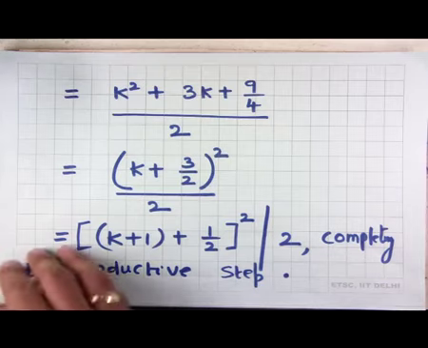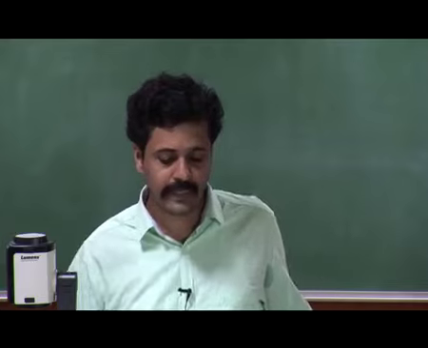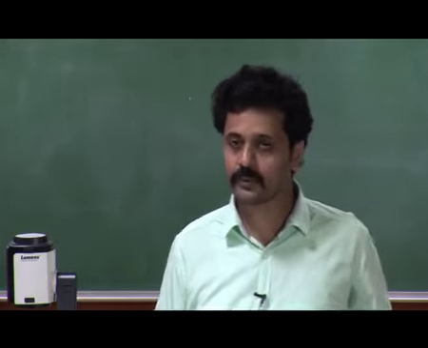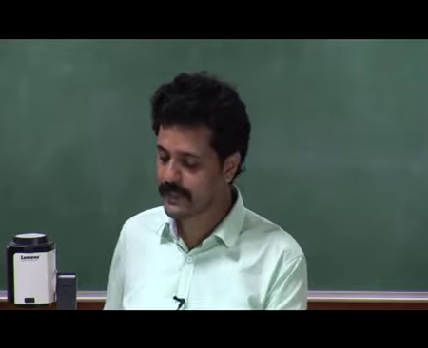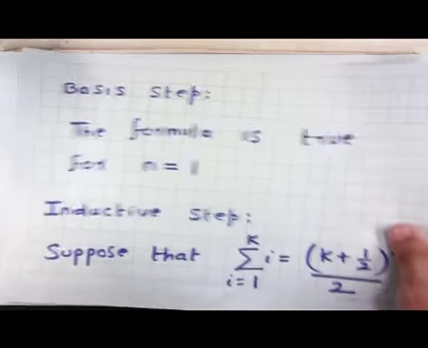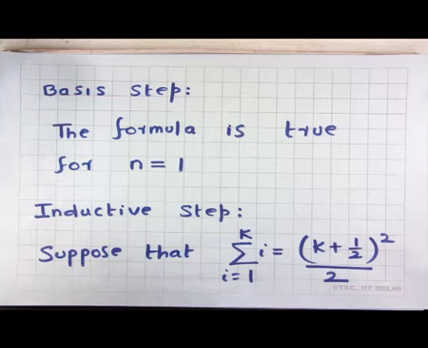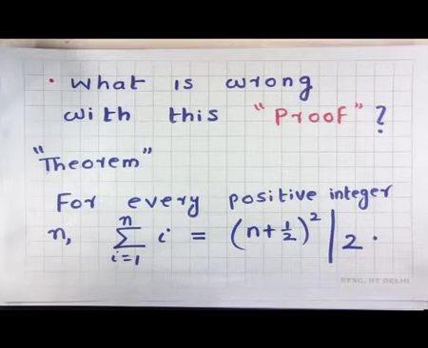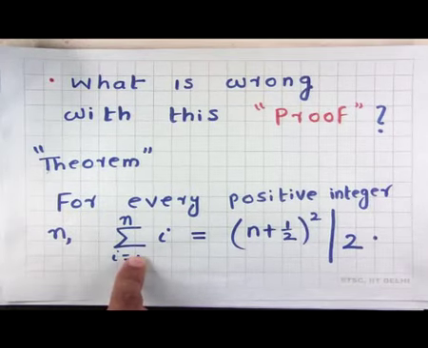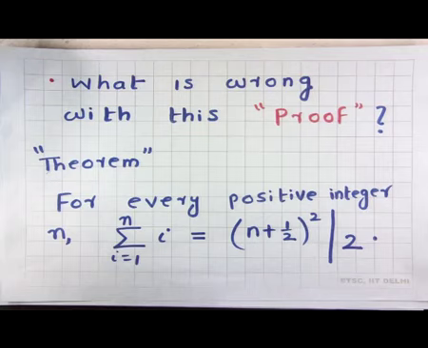See that though the basis step looks very innocent, you have to carefully verify whether the basis step is true. Here, in the basis step, we just wrote that the formula is true for n equal to 1. See whether it is true for n equal to 1. The left hand side is the summation of the first one natural number.